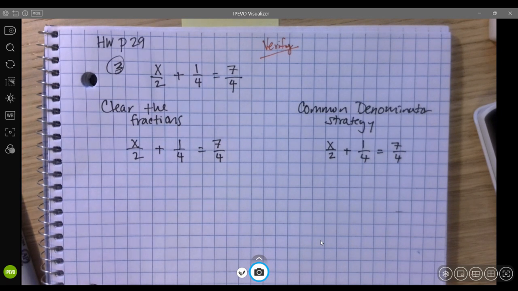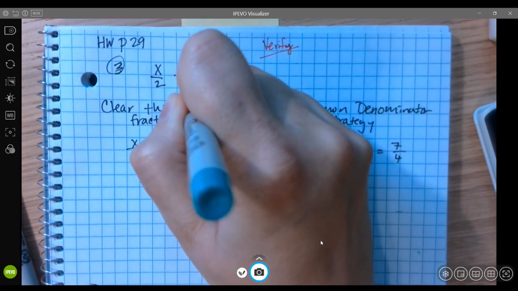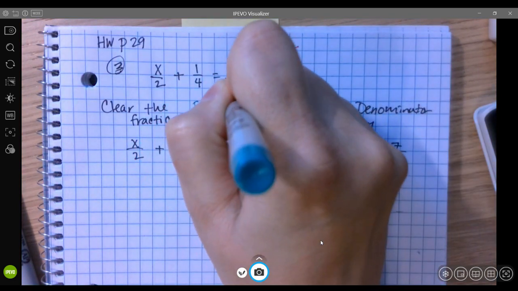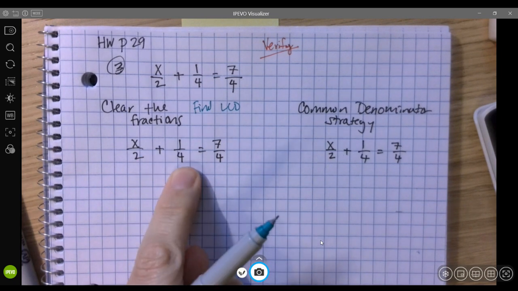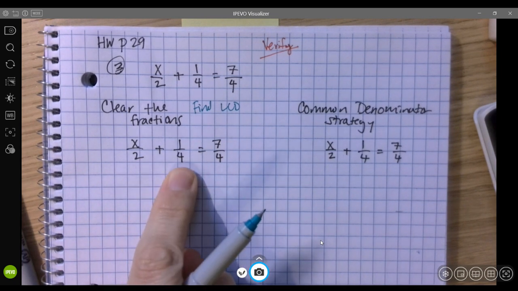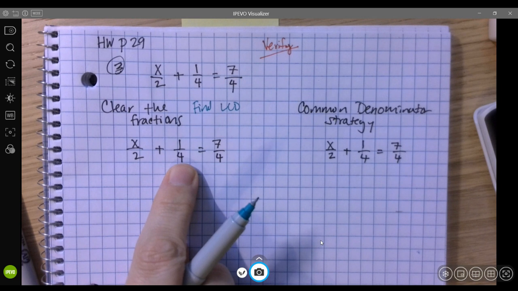Okay, so clear the fractions. Find the lowest common denominator, and then multiply everything by that number. So the lowest common denominator here between 2 and 4, if I've got halves and I've got 4s, the smallest, halves won't work for fourths, but fourths will work for halves.